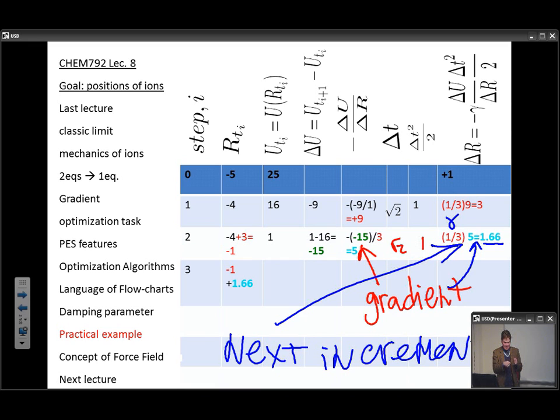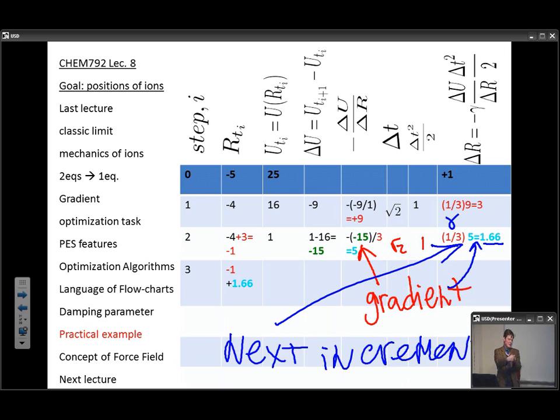And the third challenge is that it can set up artificial oscillations when it will not get to the right minimum immediately, but will try to jump across several times. Too far, too close, too far, too close.